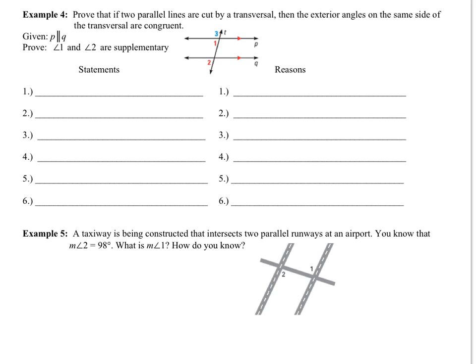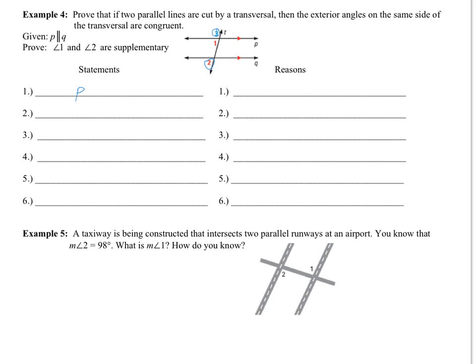Example 4. Prove that if two parallel lines are cut by a transversal, then the exterior angles on the same side of the transversal are supplementary. So we want to prove that angle 3 and angle 2 are supplementary. It's always a good idea to first analyze the picture that's given to you and then decide what to do.